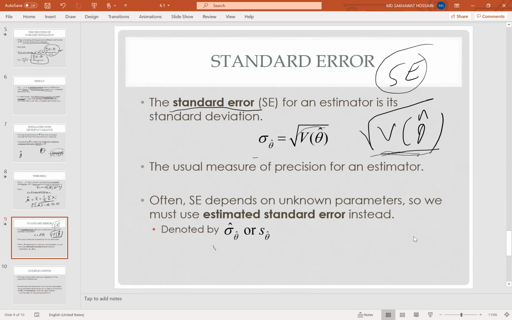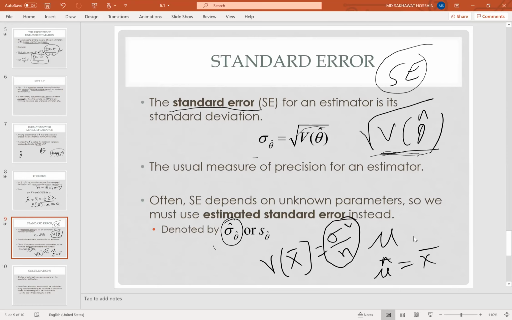For example, for a random sample, for mu, the mu hat is x bar. And you know that the variance of x bar is sigma square over n.